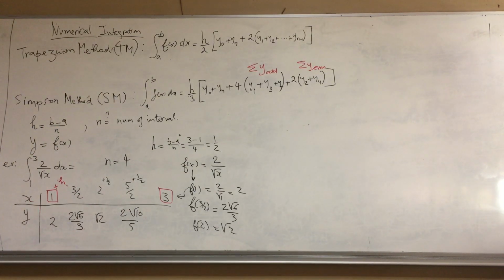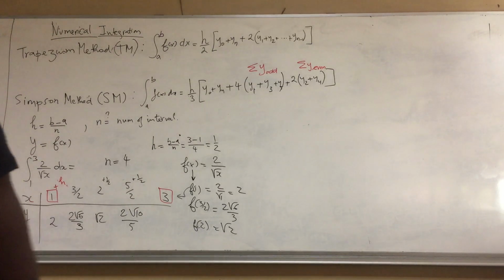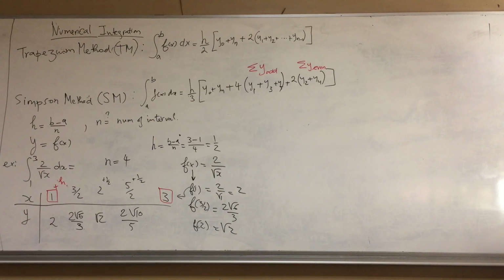The last one, we place 3 where there is x, so it gives you 2 divided by square root of 3, which is 2 square root of 3 divided by 3.